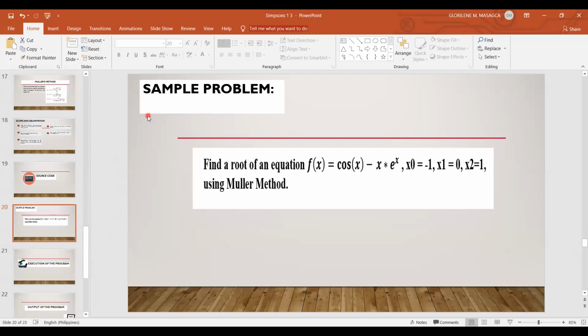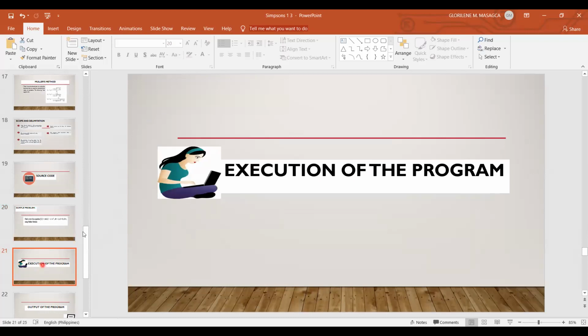So let's try the sample problem in the program code. Find a root of an equation f(x) is equal to cosine x minus x times e raised to x with the initial value of x0 is equal to -1, x1 is 0, x2 is equal to 1 using Muller's method. So execution of the program.